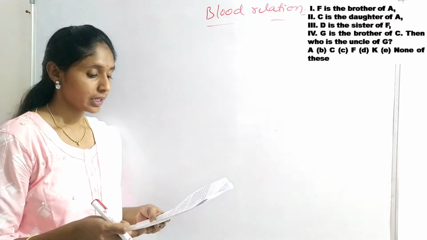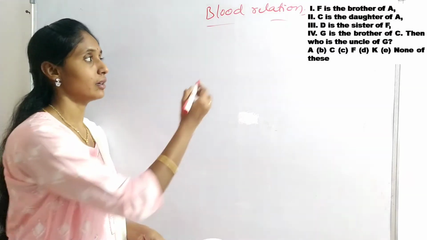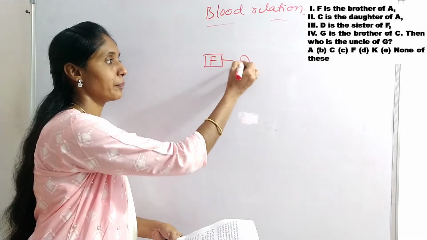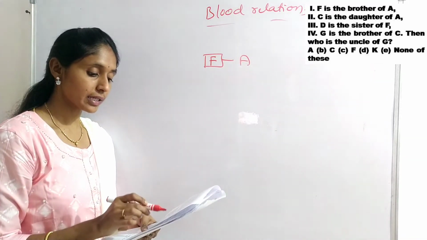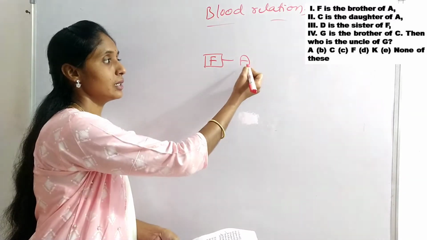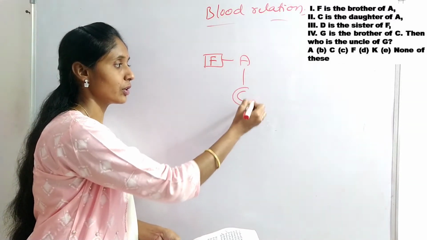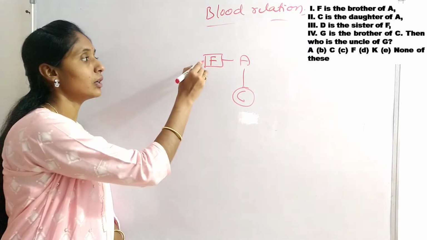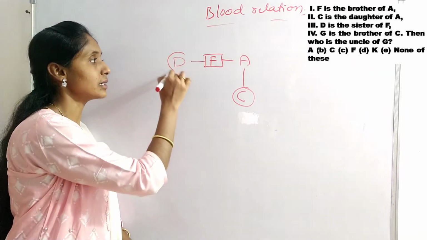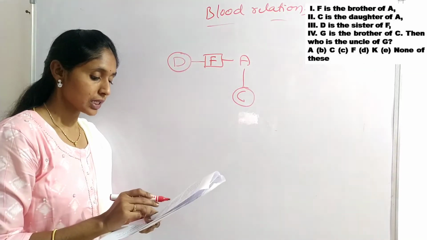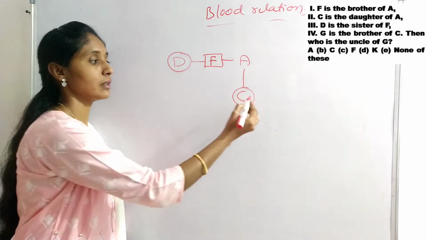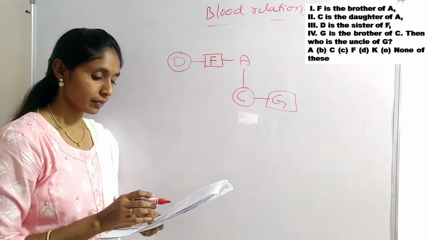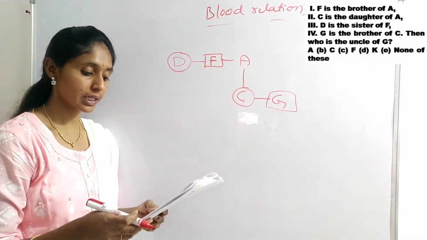Next question. F is the brother of A. C is the daughter of A. D is the sister, female, of F. G is the brother of C. Then who is the uncle of G?